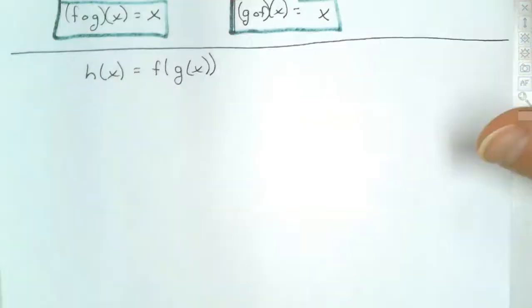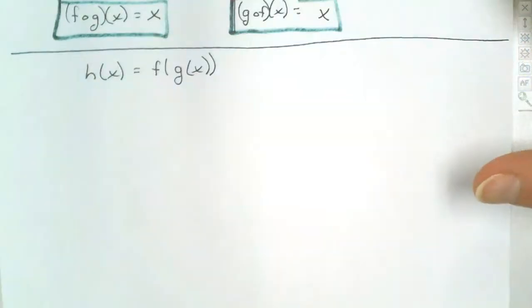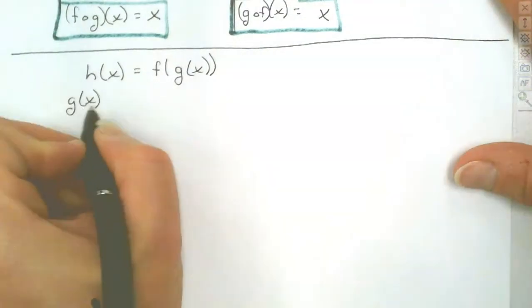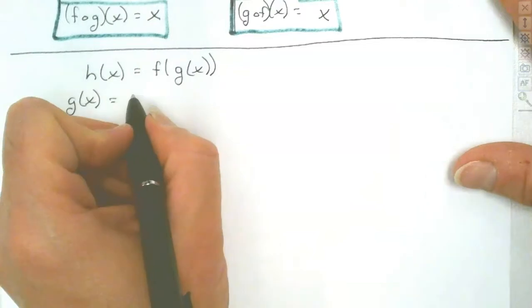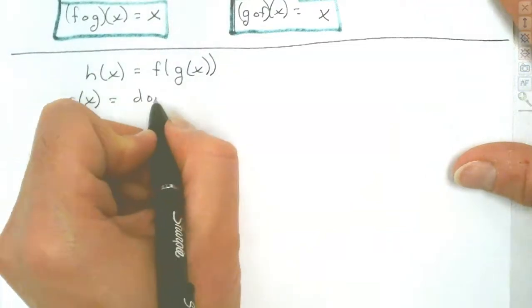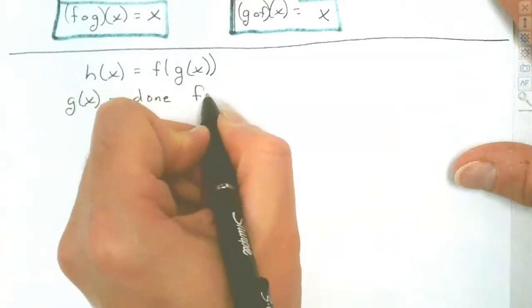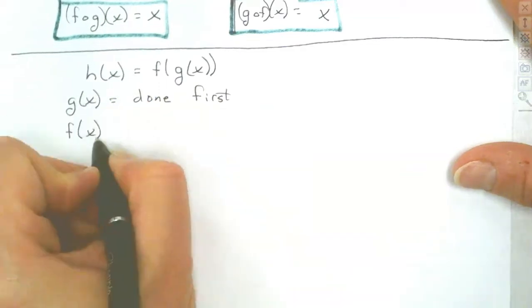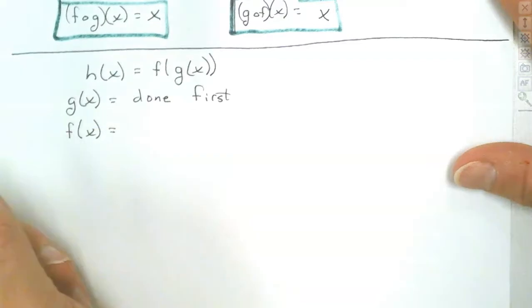So this is what we're going to define h of x to be. Now, we remember g of x is on the inside, so g of x is first. And f of x is on the outside, so f of x is done second.